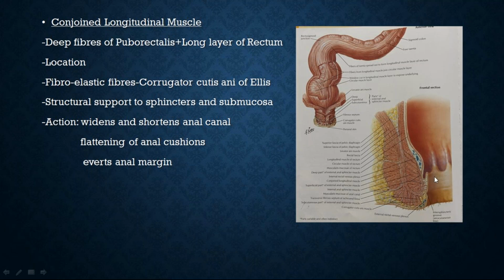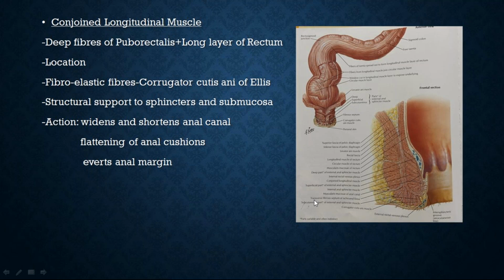Here it will form the mucosal suspensory ligament. When it comes down, it will form 9 to 10 or 10 to 11 yellow elastic fibers which pierce the subcutaneous part of the external anal sphincter here. These get attached to the corium of the skin. So these fibers are called the corrugator cutis ani of Ellis.